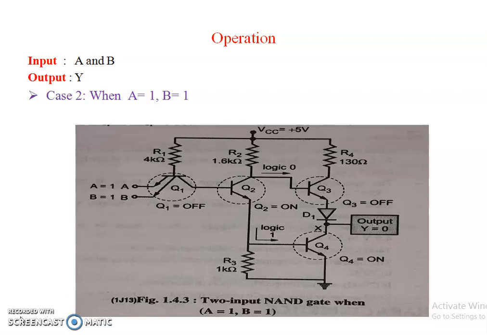And the operational temperature range of the 5400 series is from minus 55 degrees Celsius to plus 125 degrees Celsius, and the operational range for the 7400 series is 0 degrees Celsius to 70 degrees Celsius.